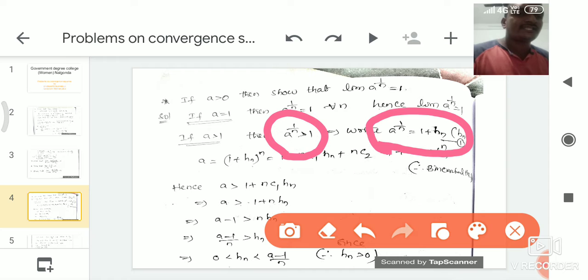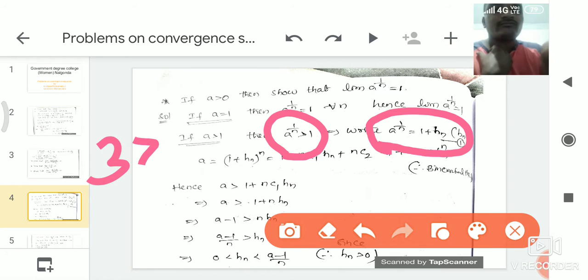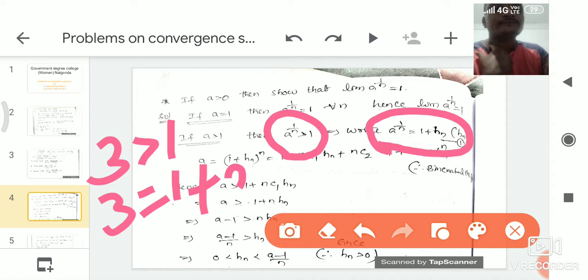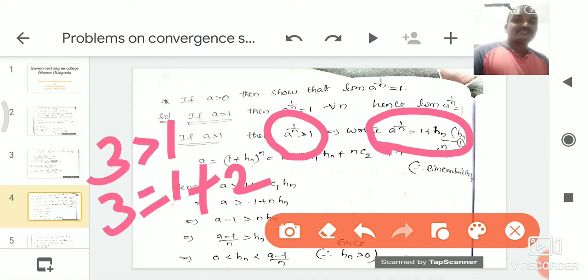Here we consider hn a sequence which is a positive sequence. Just as whenever 3 is greater than 1, this 3 can be written as 1 plus 2.